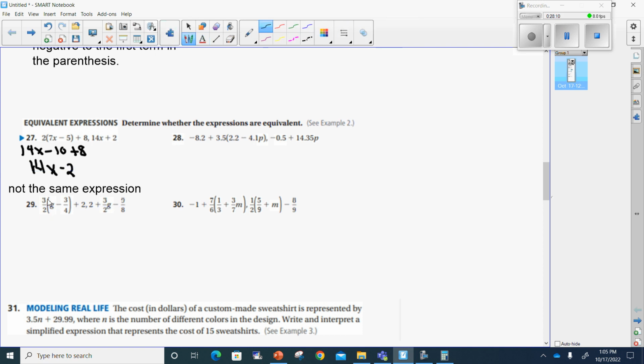All right, let's go to number 29. This time we've got to multiply 3 over 2 times g, which makes 3 over 2g. And now we're going to have to multiply to negative 3 over 4. Well, you can't cross multiply any of this. So this would be 3 times negative 3, which is negative 9, 2 times 4, which is 8. So we're having plus, and then, well, I guess it's really a negative, isn't it?